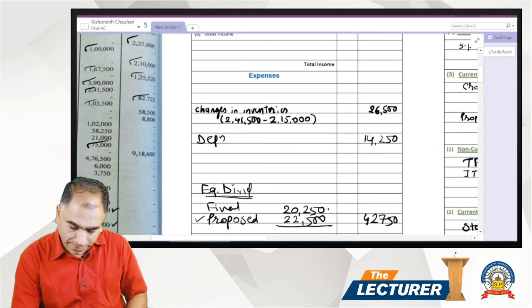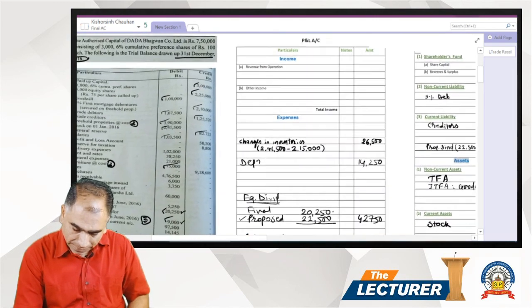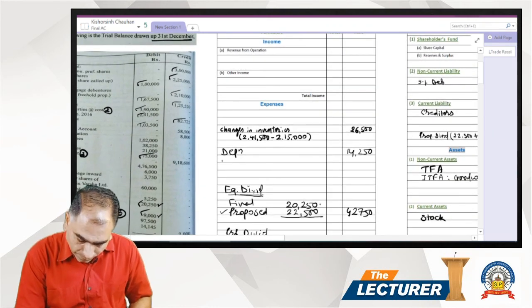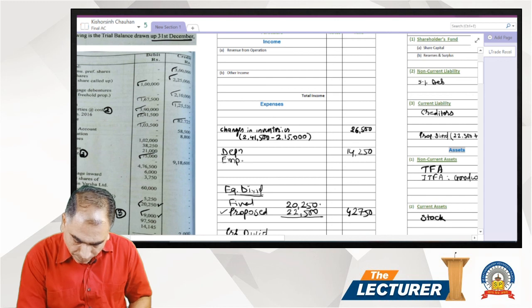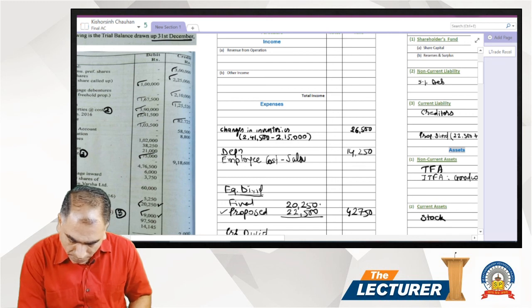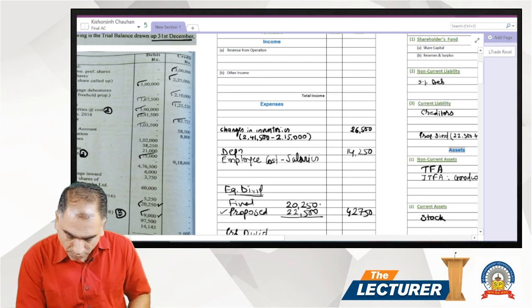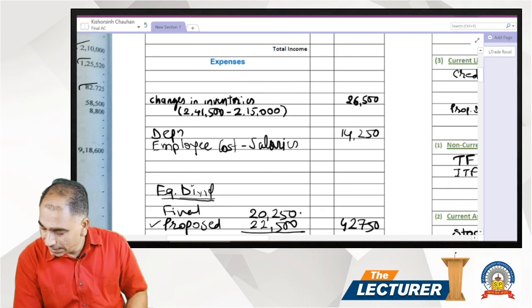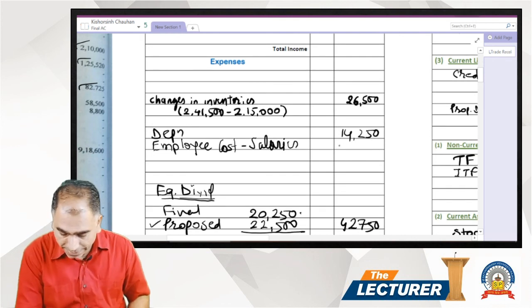We write it in the P&L expenses, employee cost, salaries, that is 1,03,500.